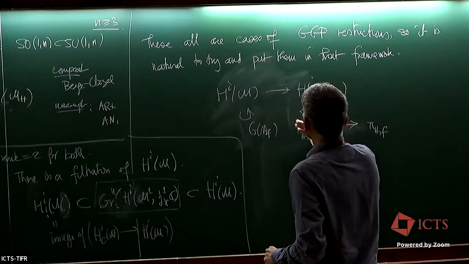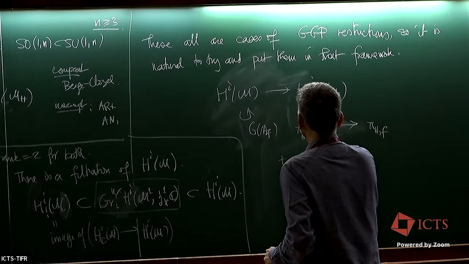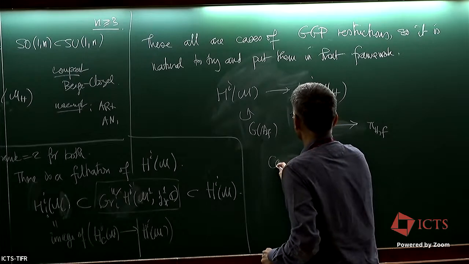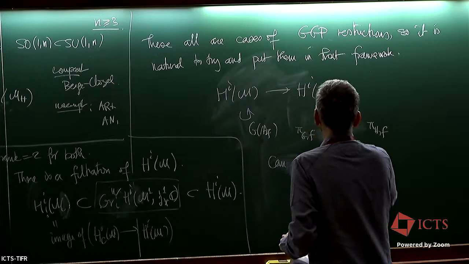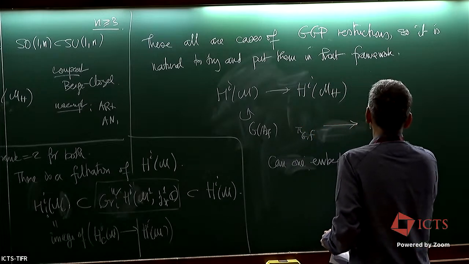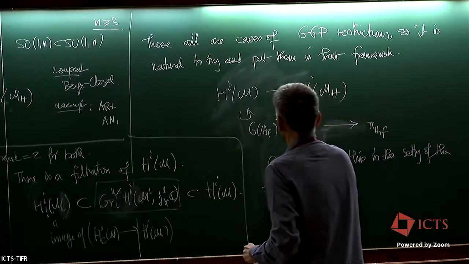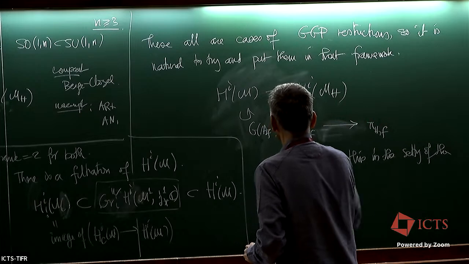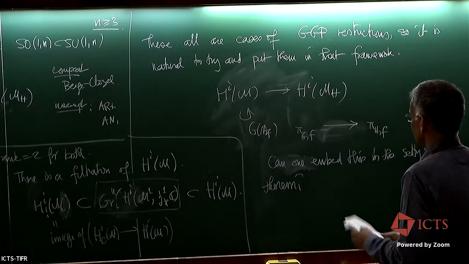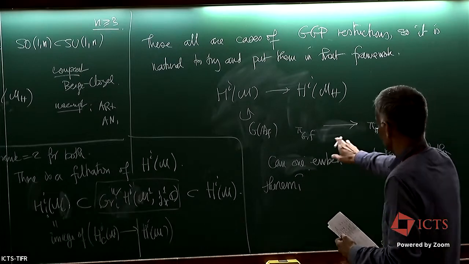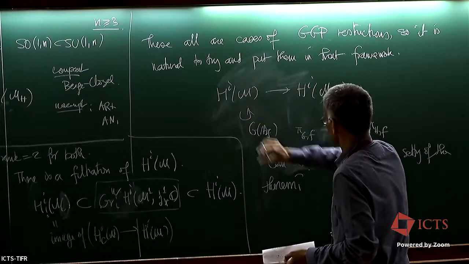Suppose cohomological. Can one embed this situation in that situation? That means, can one find a cohomological representation, which I didn't say what those are, but it doesn't matter, which when you tensor it with this, appears in the space of automorphic forms.